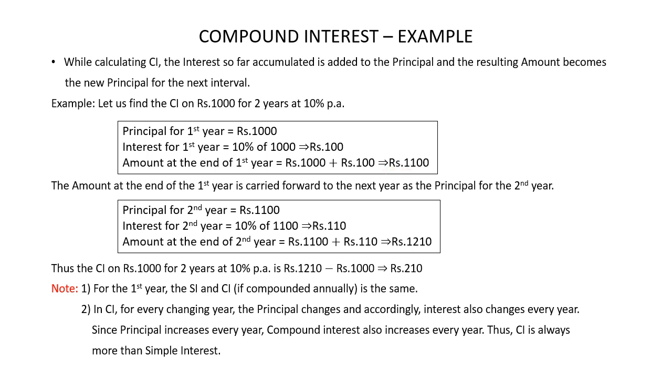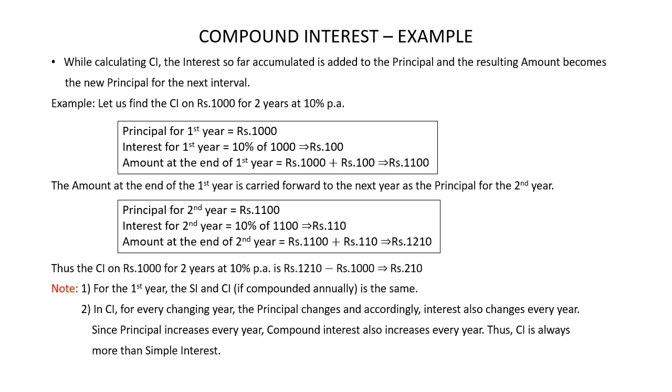Now this amount at the end of the first year is carried forward to the next year as the principal for the second year. So the principal for the second year is rupees 1100. Interest for the second year is 10% of 1100, which is rupees 110.